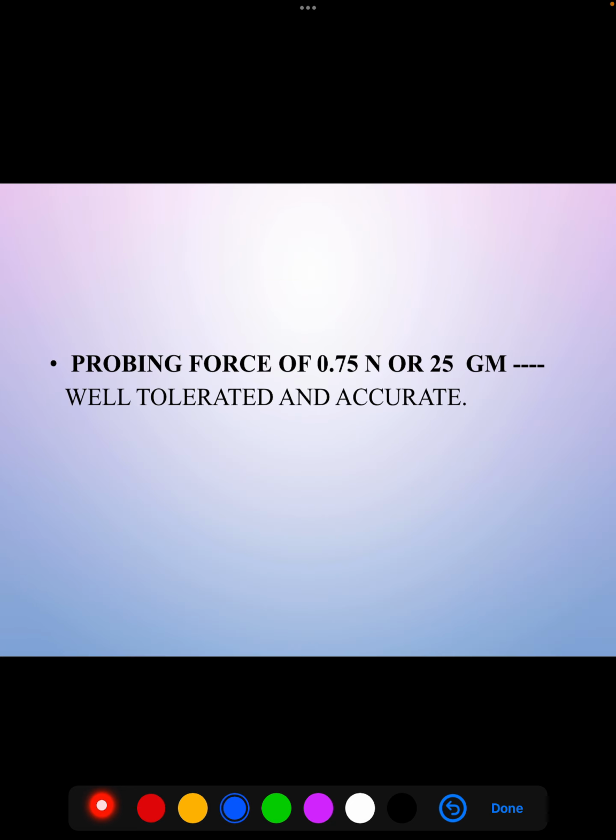So, the probing depth varies with the probing force applied. About a 0.25 Newton or 25 gram probing force is considered to be well tolerated and accurate for measuring the pocket depth.